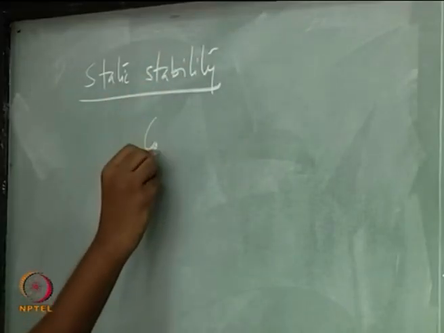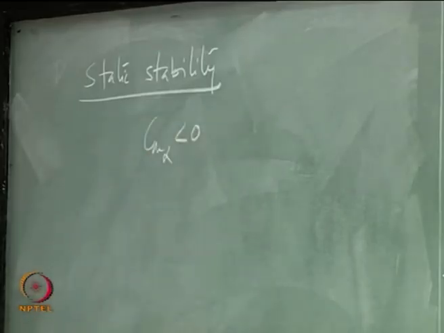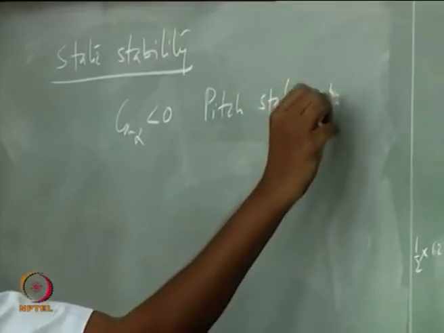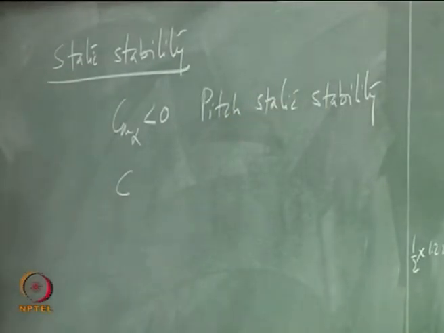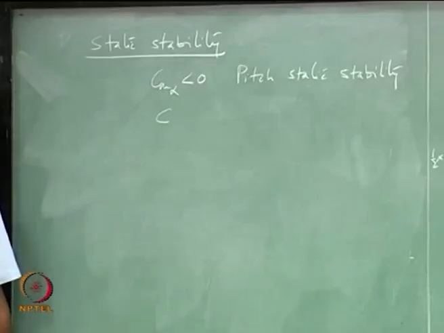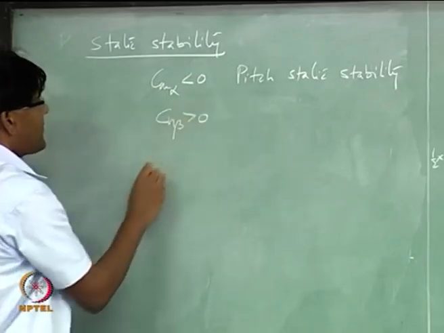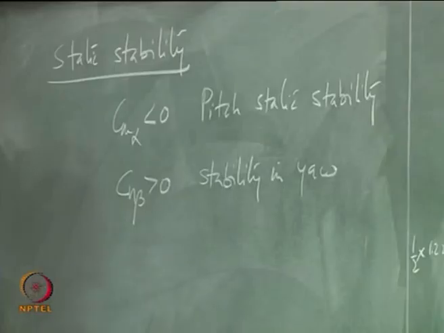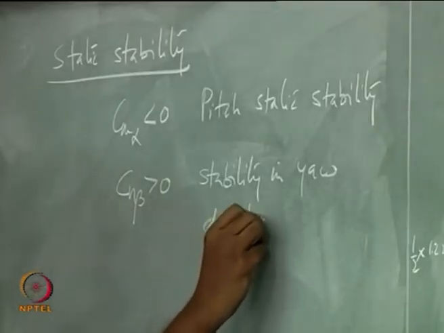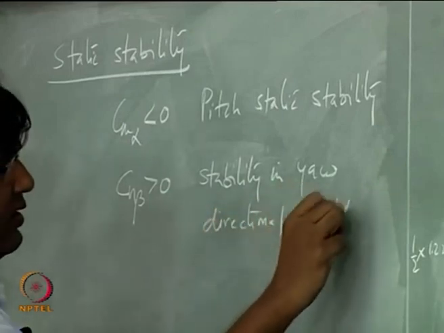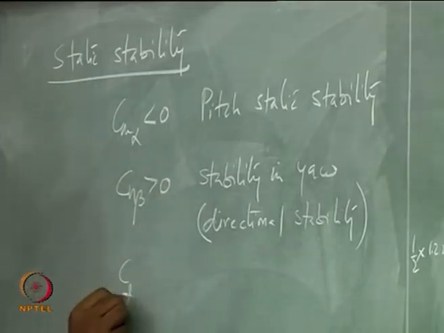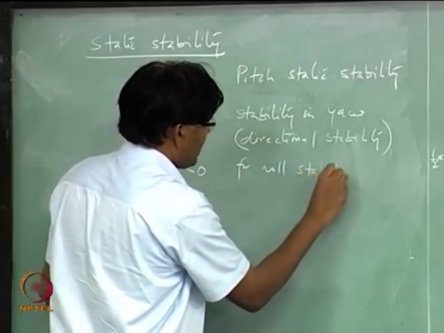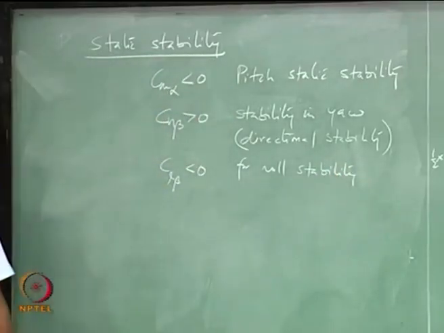Static stability criteria: Cm alpha should be less than 0 for pitch static stability, Cn beta positive for directional stability, right.